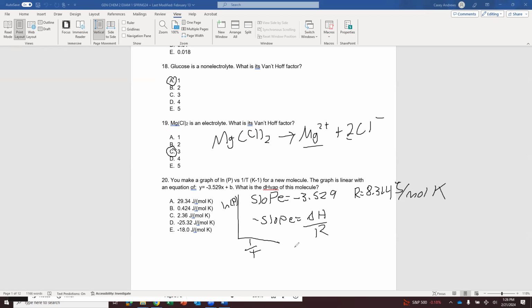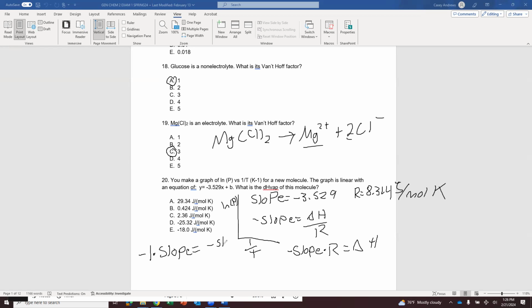So I can actually do this a different way. I can say negative slope times R equals delta H. So what negative slope means, if you're still having confusion, it's just saying do minus 1 times slope.